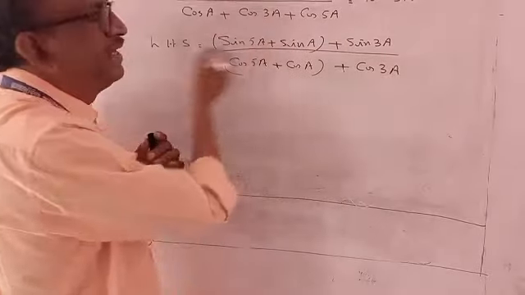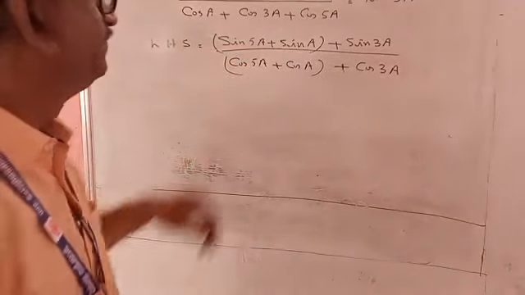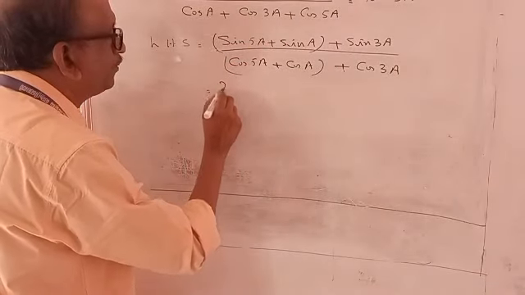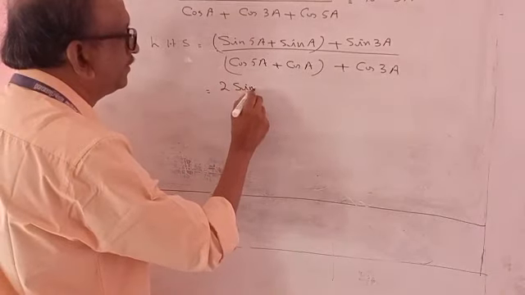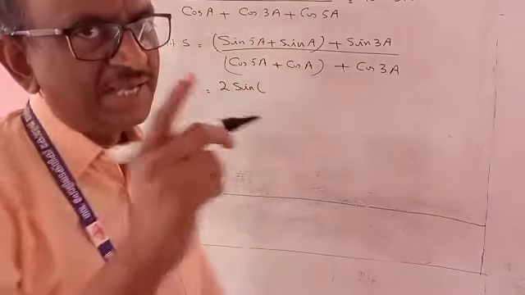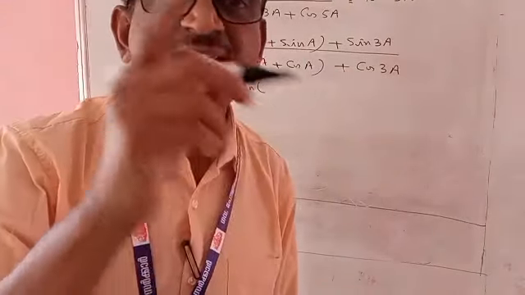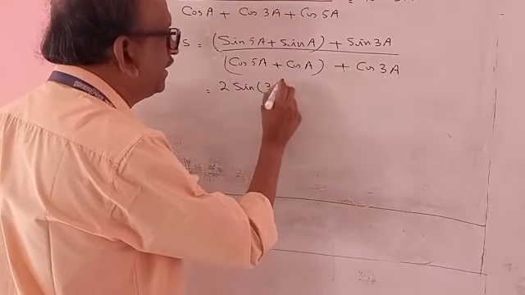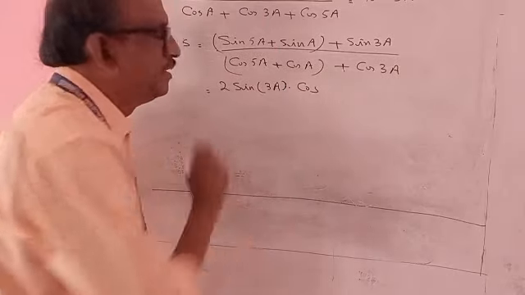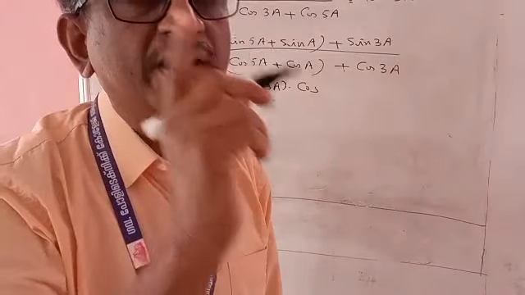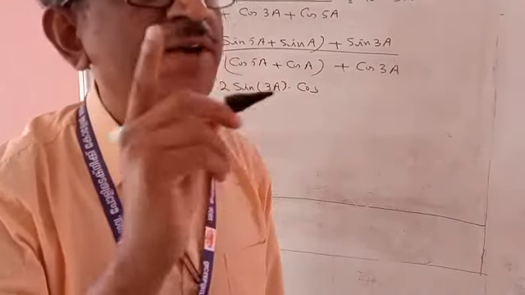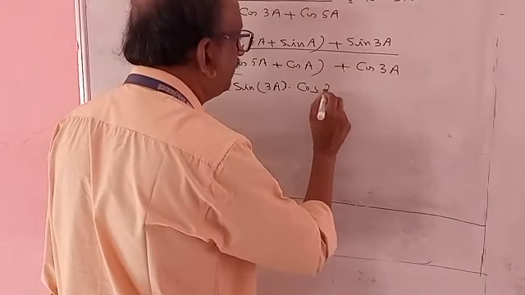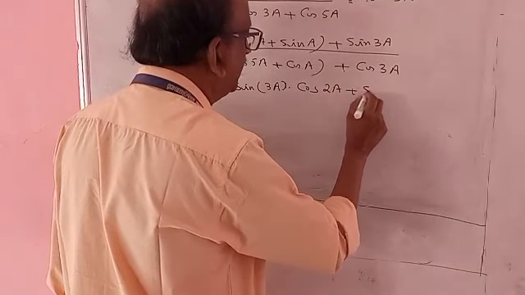Here we apply the product rule. 2 sin (c plus d)/2: 5a plus a is 6a, 6a by 2 is 3a, so 2 sin 3a into cos (c minus d)/2: 5a minus a is 4a, 4a by 2 is 2a. Plus sin 3a.